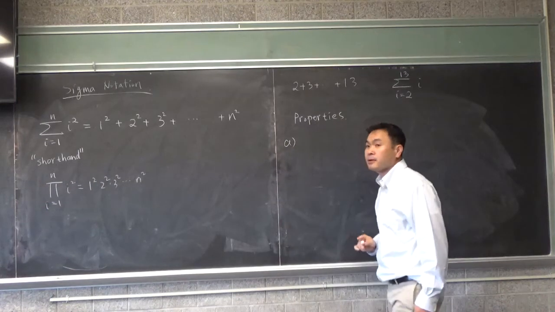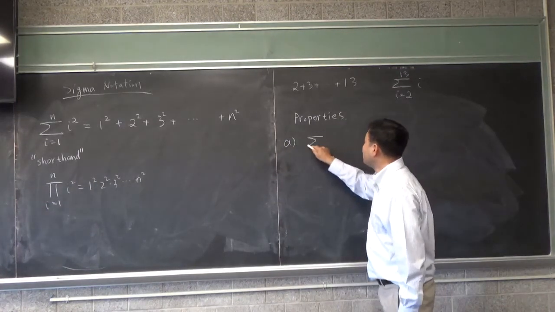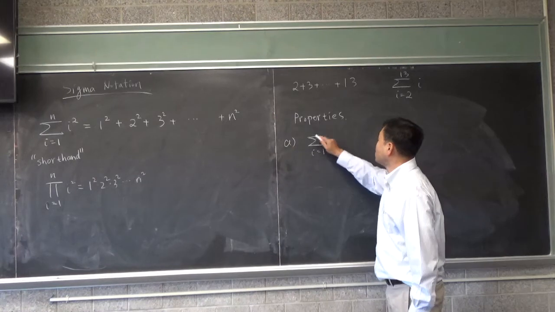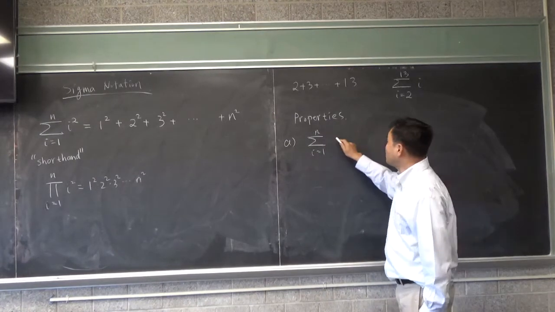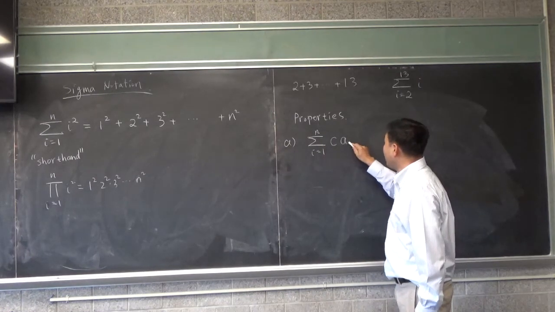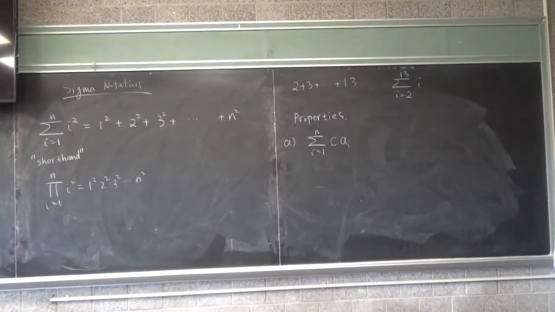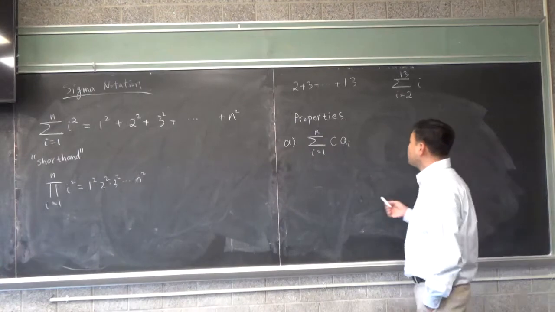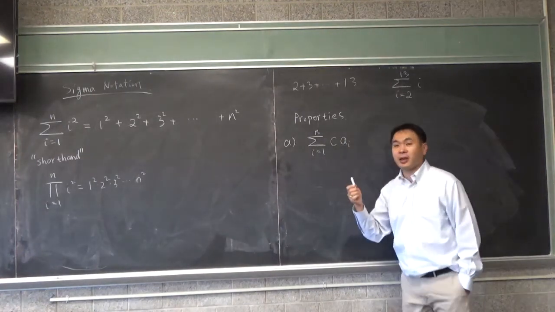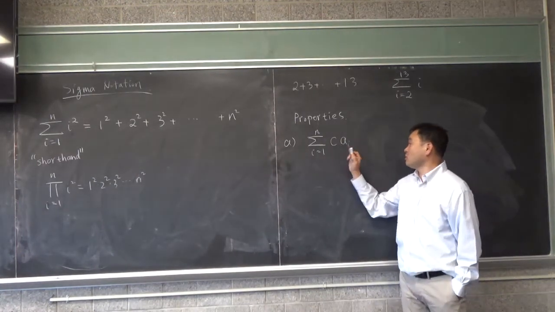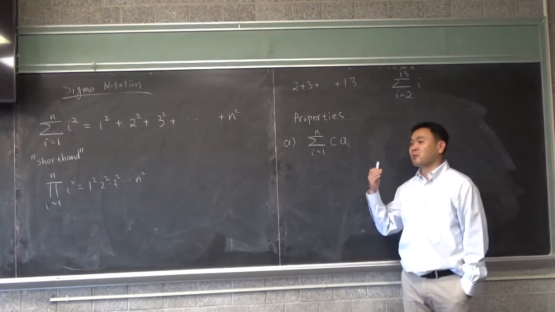A, if you have summation of i from 1 through n of C times a_i, and by a_i I mean a_i is some number for each i. So a_1 is some given number, a_2, a_3.